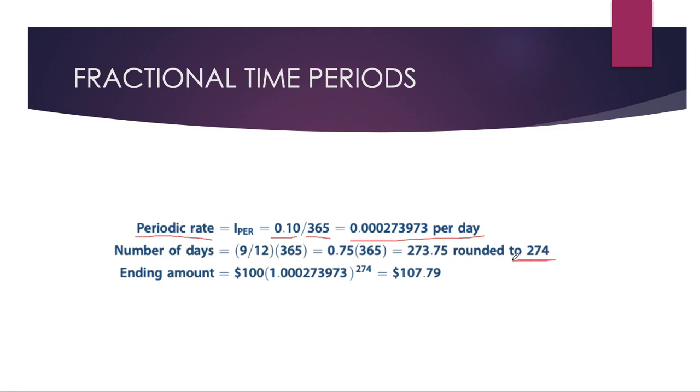So the ending amount is calculated by multiplying this $100 with the per day interest rate, to the power of 274, and that gives us $107.79.